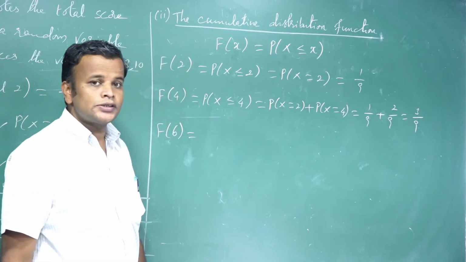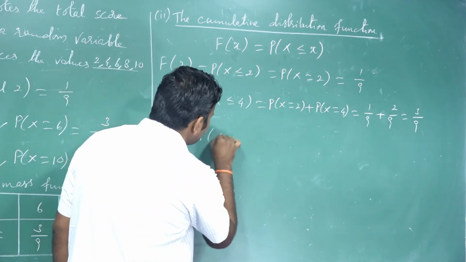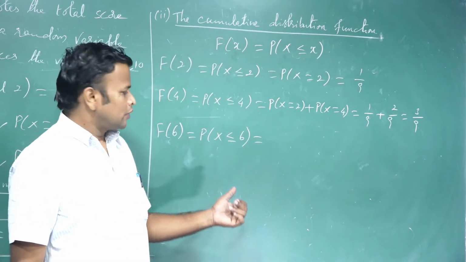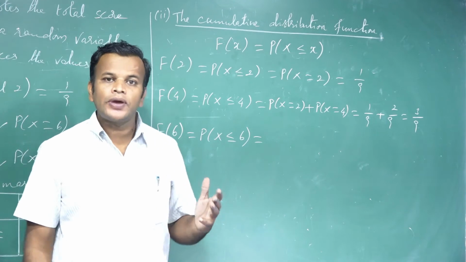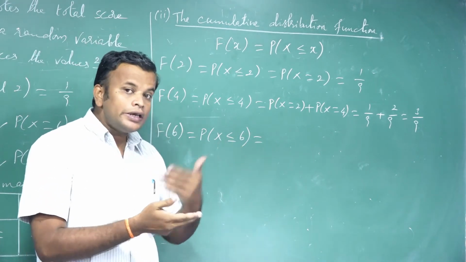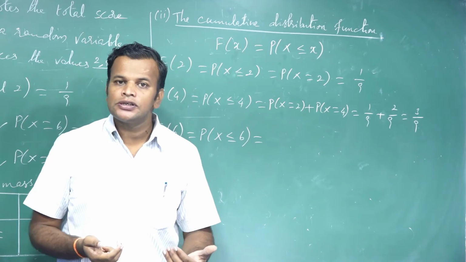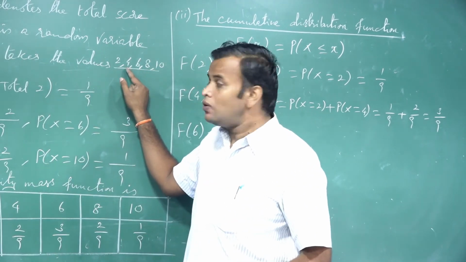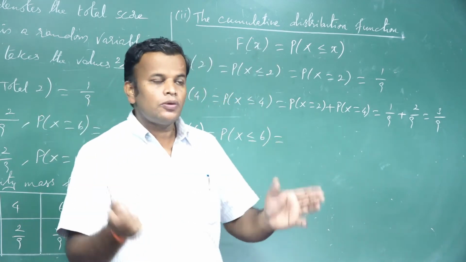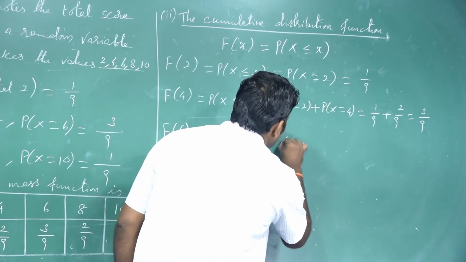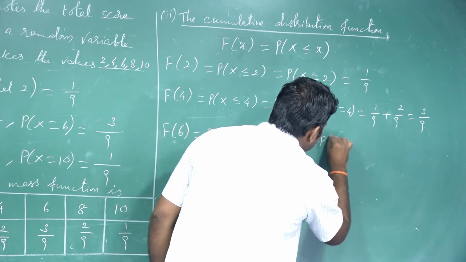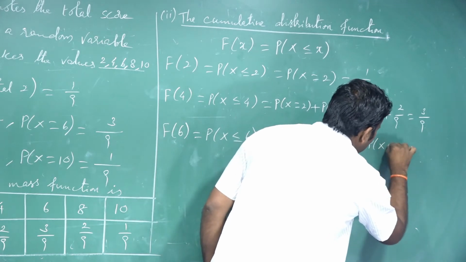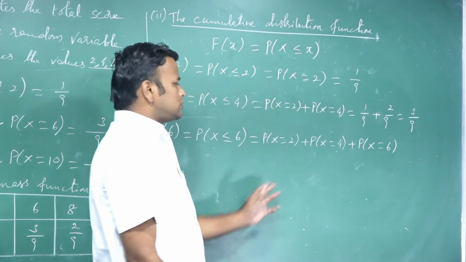Next, f of 6. P of x is less than or equal to 6. So less than or equal to 6 means the value of x may be 6 or less than 6. Less than 6 means it may be 2 or 4. So to write all the probability values, P of x is equal to 2, P of x is equal to 4 plus P of x is equal to 6.